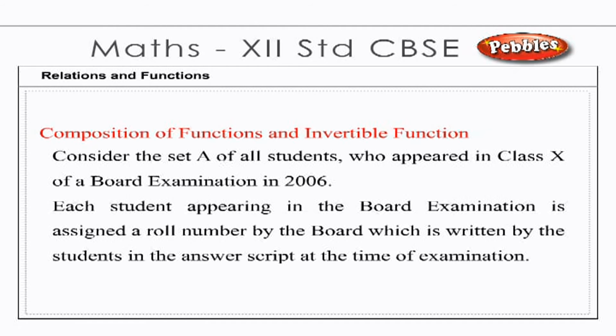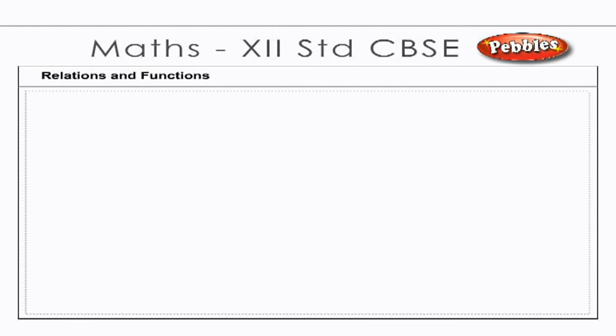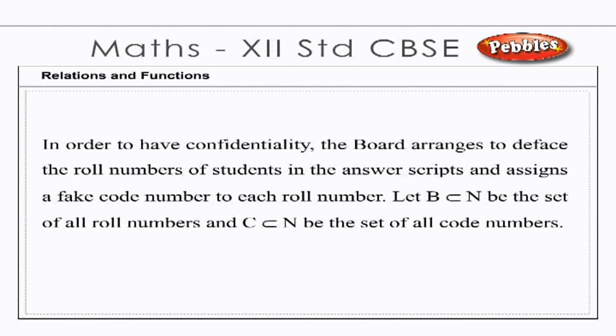Composition of functions and invertible function. Consider the set A of all students who appeared in class 10 of a board examination in 2006. Each student is assigned a roll number by the board, which is written by the student in the answer script at the time of examination. In order to have confidentiality, the board arranges to deface the roll numbers in the answer scripts and assigns a fake code number to each roll number.